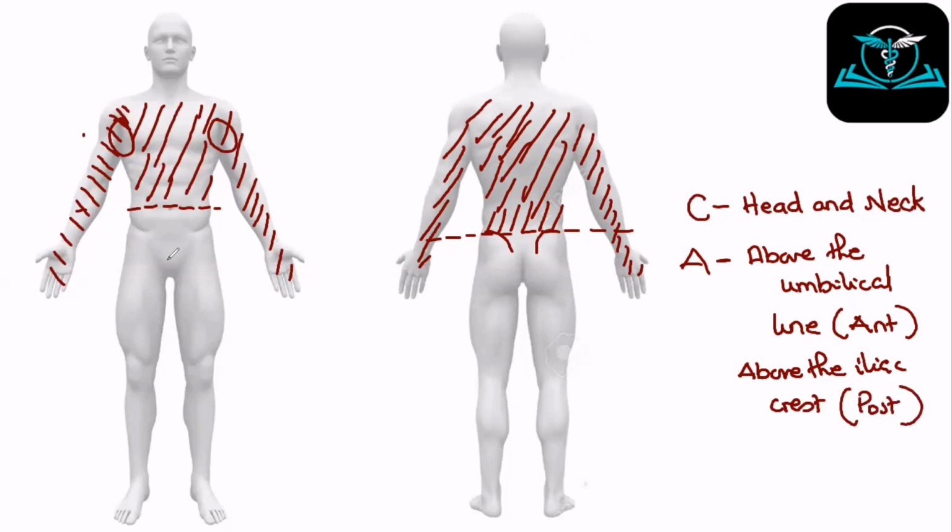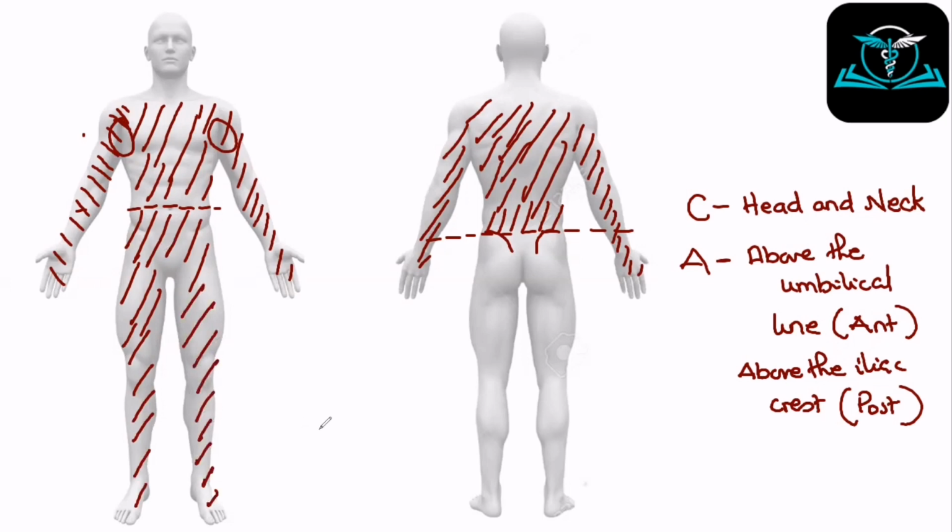And so you come to the part of the body below the umbilical line, including the perineum and the lower parts of the body; these will be drained by the inguinal lymph nodes.